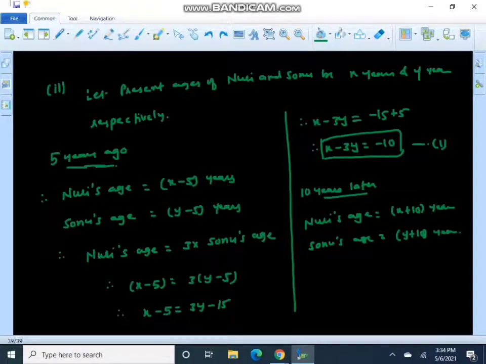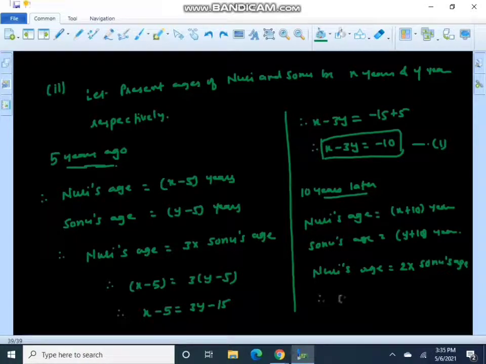Okay, now the comparison is given. Read the statement. 10 years later, Nuri will be twice, means 2 times. That is, Nuri's age is 2 times Sonu's age.